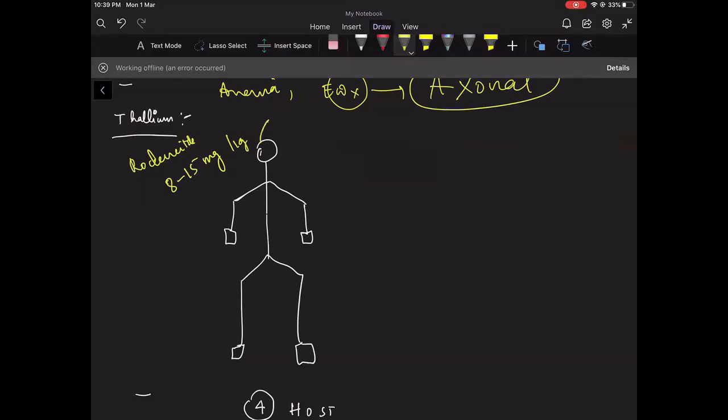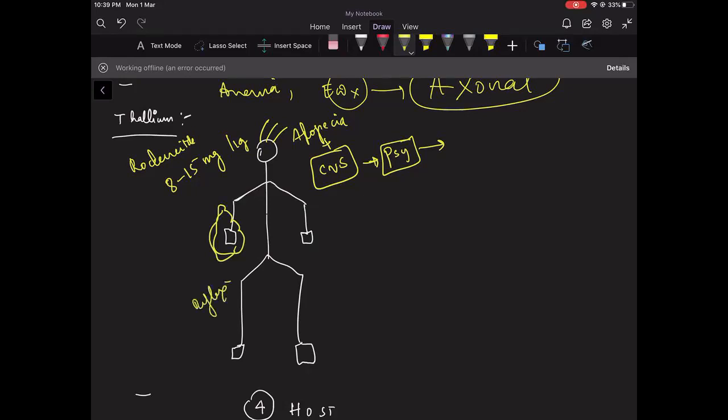The patient classically will have alopecia plus CNS symptoms, usually psychiatric. The patient will be having psychosis and sleep disturbances. Predominantly sensory involvement, with burning type of pain, and the patient's reflexes will be absent.